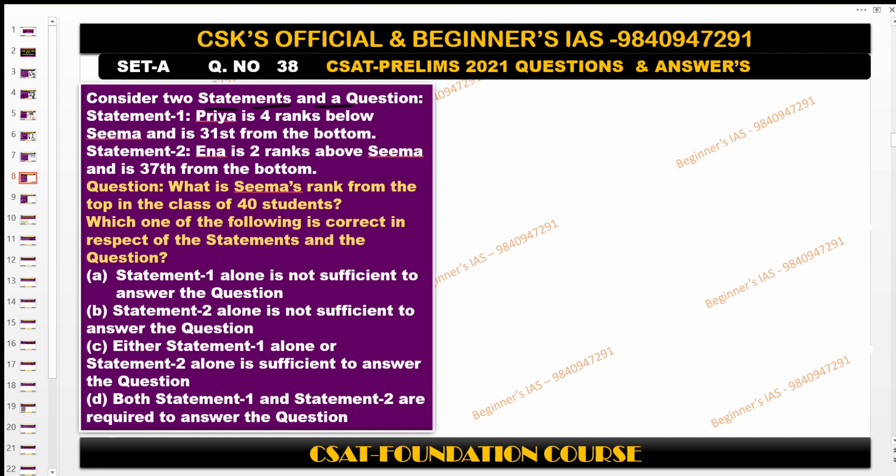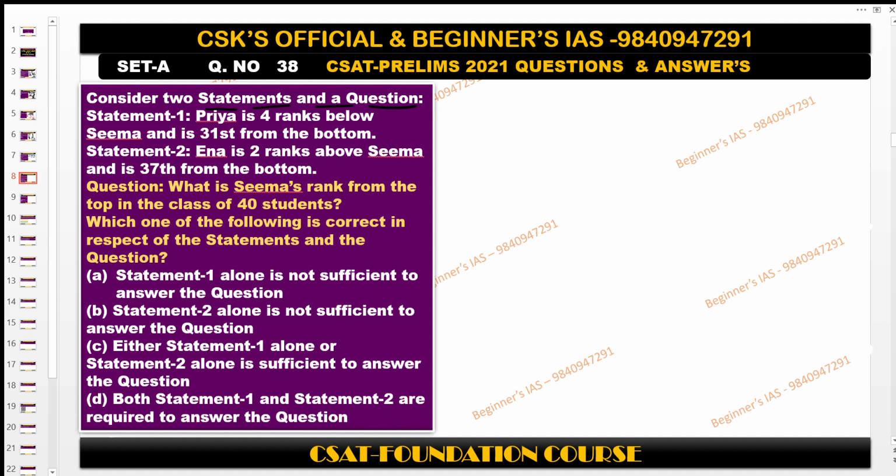Consider the two statements and a question. Statement 1: Priya is 4 ranks below Shima and is 31st from the bottom. Statement 2: Hina is 2 ranks above Shima and is 37th from the bottom.